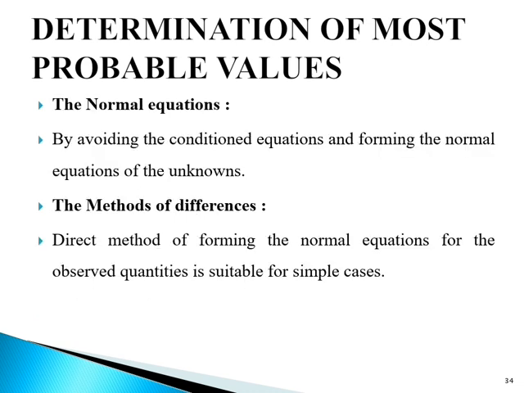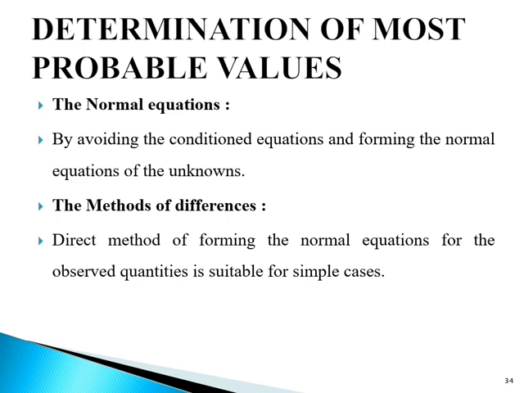If we talk about the normal equation, it is done by avoiding the condition equation and forming the normal equation of unknowns. Next is the method of differences. Direct methods of forming the normal equations for the observed quantities are suitable for simple cases.